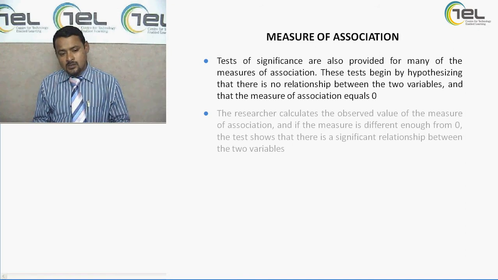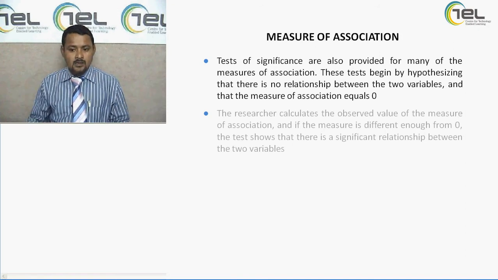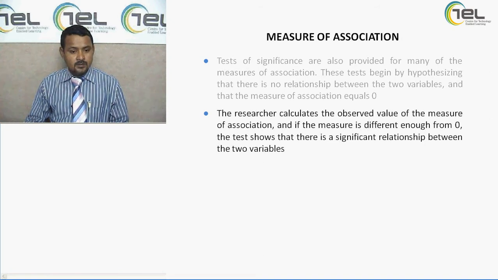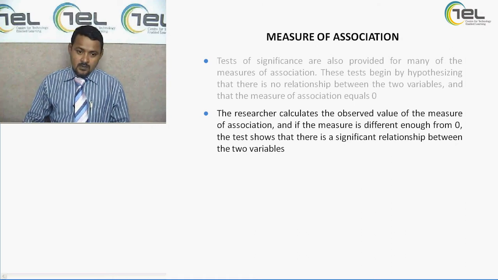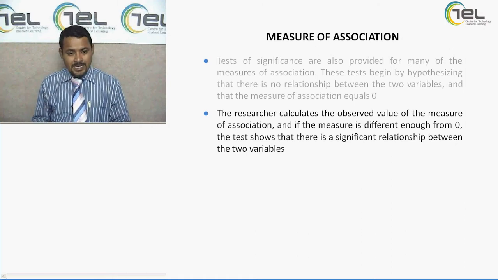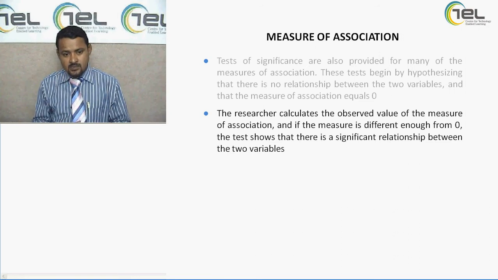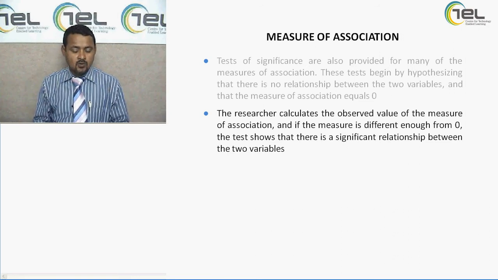The researcher in that particular manner calculates the observed value of the measure of association, and if the measure is different enough from 0, then the test shows that there is a significant relationship existing between two variables. So measures of association can be concluded from the tests that we conduct in that process.